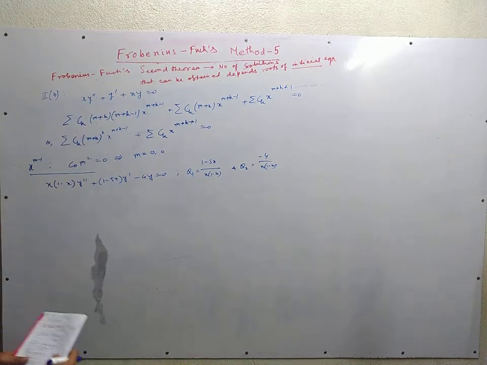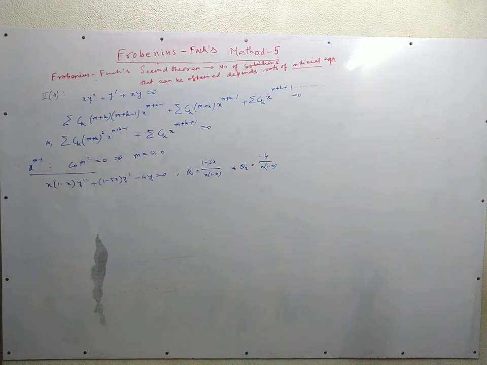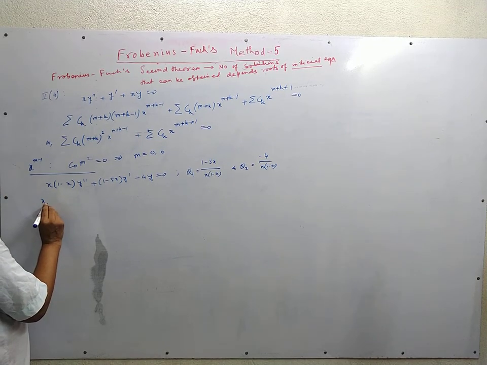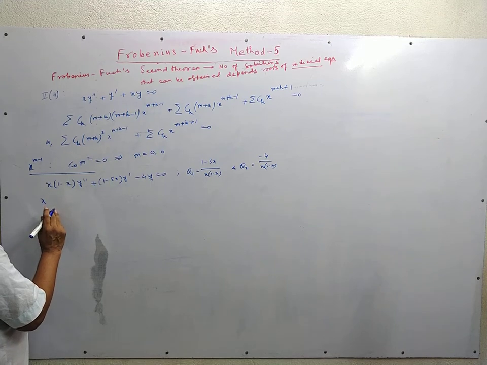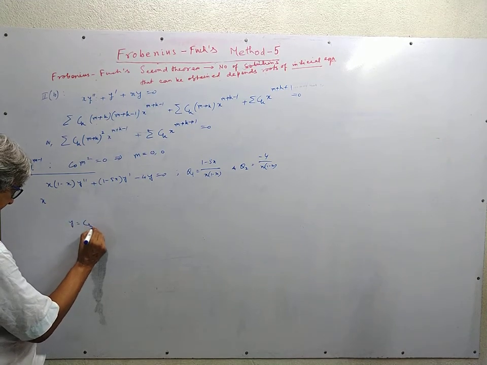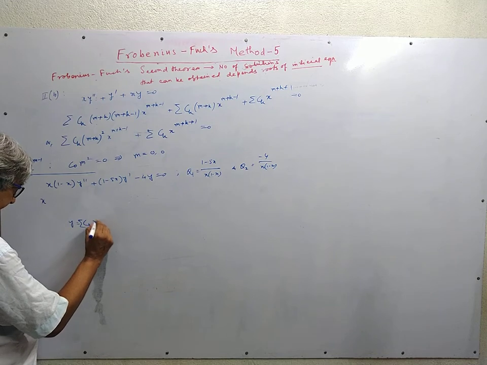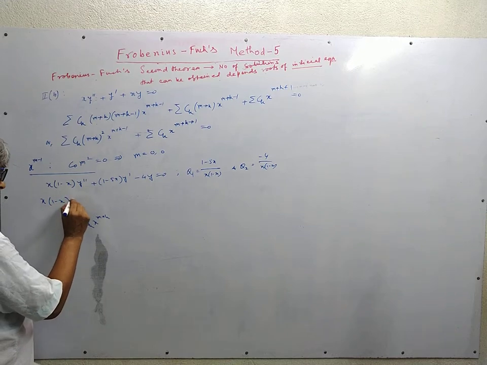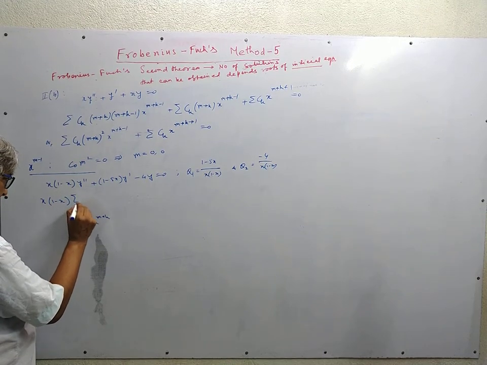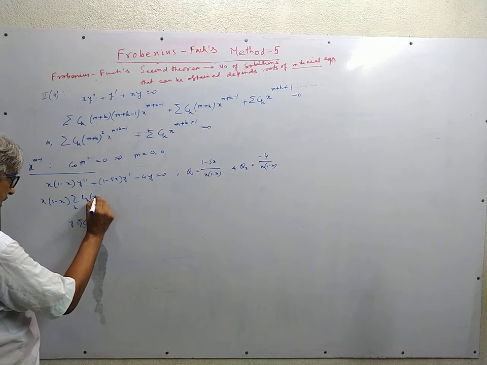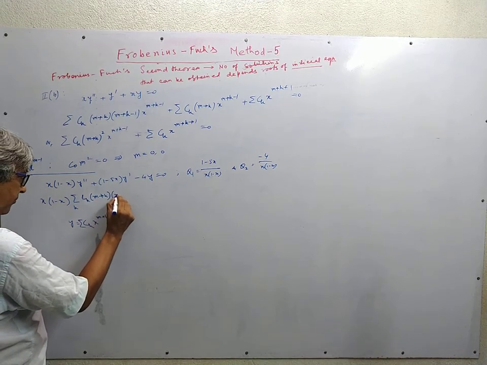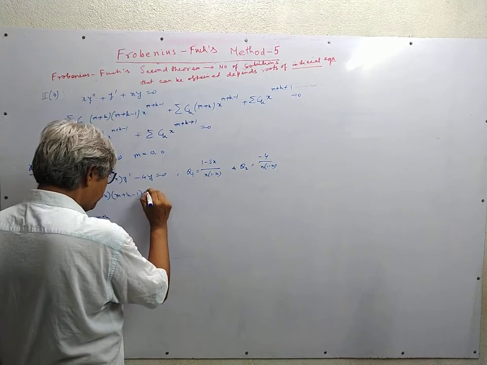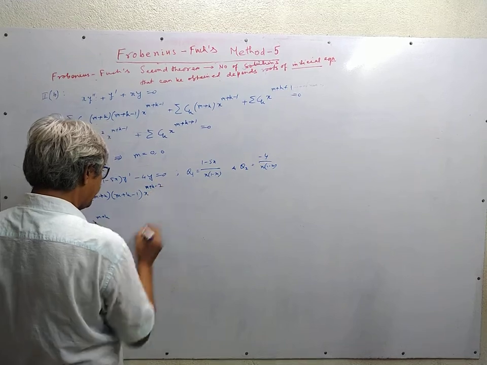So the singularities in the q's are removable. So we take the solution y as summation over k ck x to the power m plus k, and if we differentiate it twice we get summation ck m plus k into m plus k minus 1 x to the power m plus k minus 2.